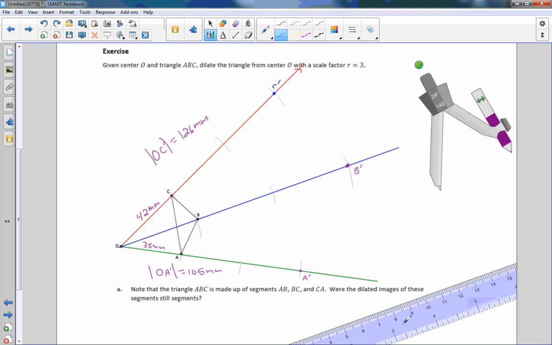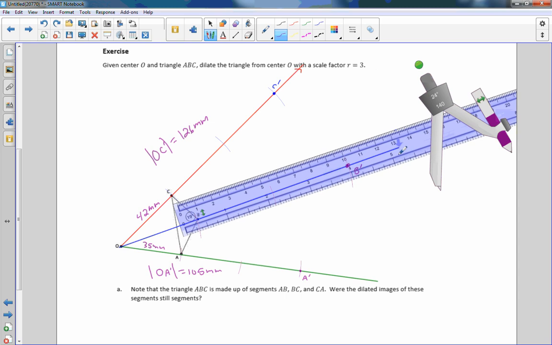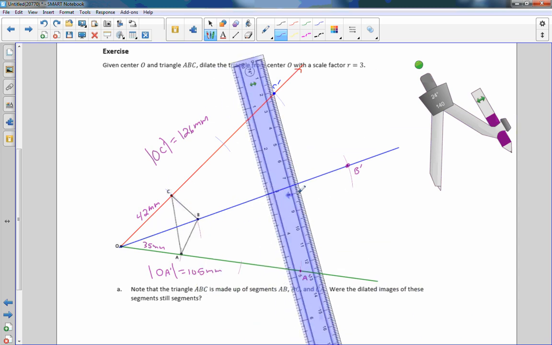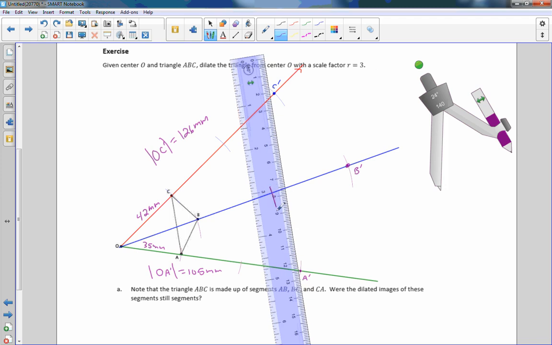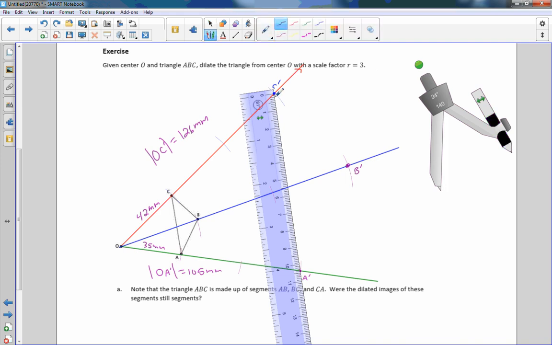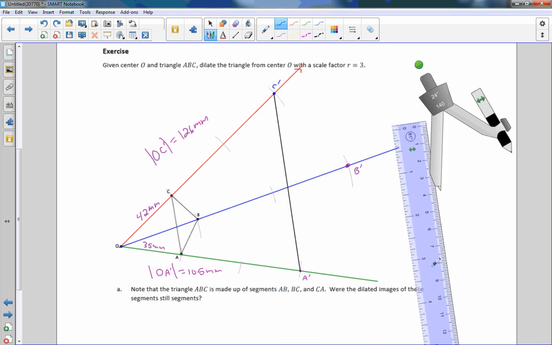Okay, so what is the purpose of doing all this? Well, we are creating a triangle that is going to be 3 times as large as the original. So now when I put my ruler down, if I move my ruler to 0 like so, and then rotate it till I'm at A, there we go, and I will draw a line segment from C prime to A. So here, all the way down to here. So there's A prime, C prime.